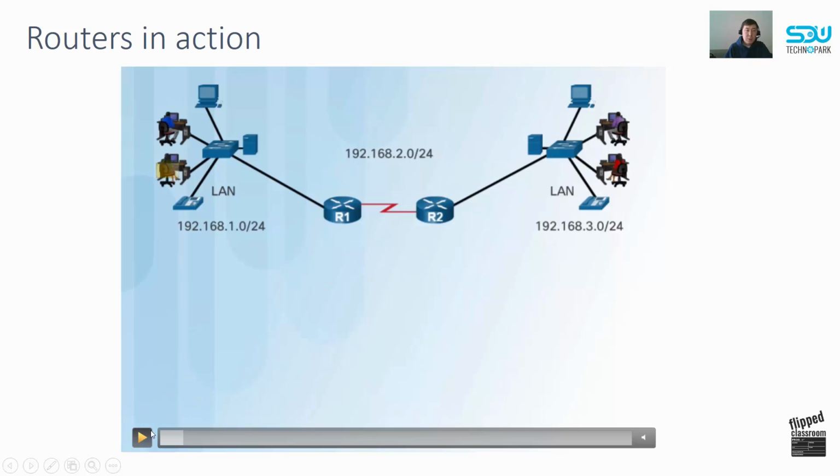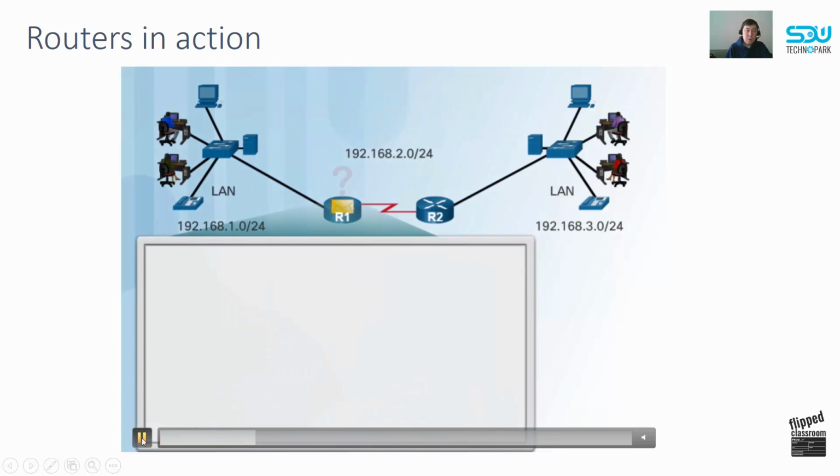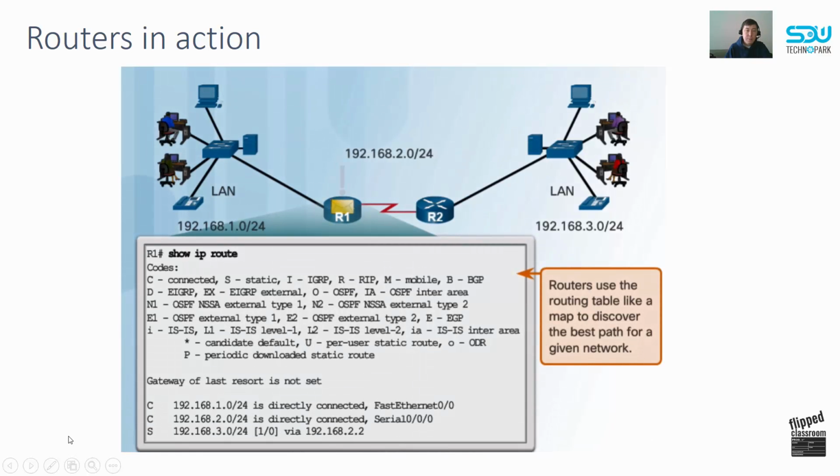When a computer sends information from one network to another network, it reaches the router. When the router receives the packet, the router gets the question, where are you going? In the packet we have the information that the packet goes to network 3, and afterward the router will immediately take a look at its own routing table.